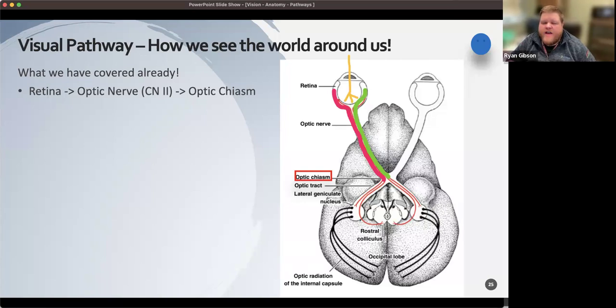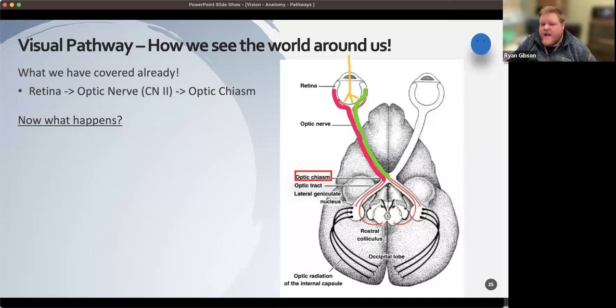The 75% of our axons from the nasal surface of the retina will decussate at the optic chiasm. All right. 25% of the axons in a dog will stay ipsilateral.